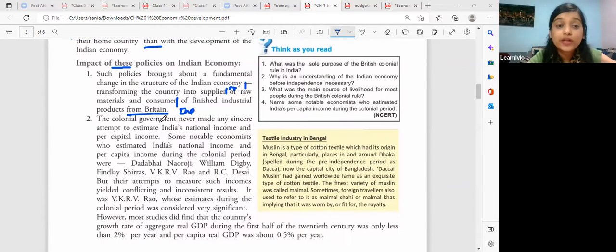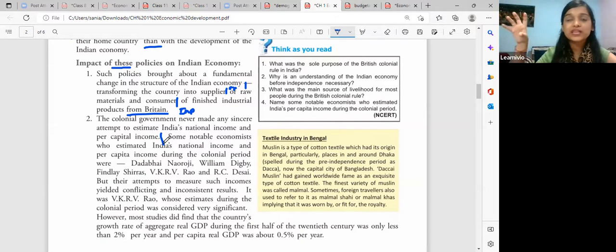The colonial government never made any sincere attempt to estimate India's national income and per capita income. See, in an economy, what we need to focus on is how much you are earning, how much the country's GDP is, how much the national income is. It's very important, right?